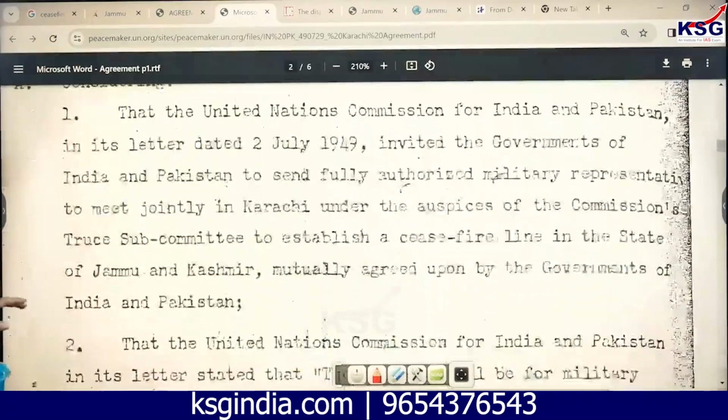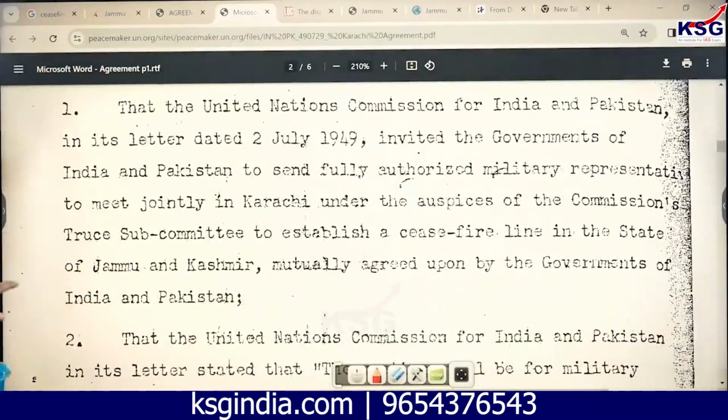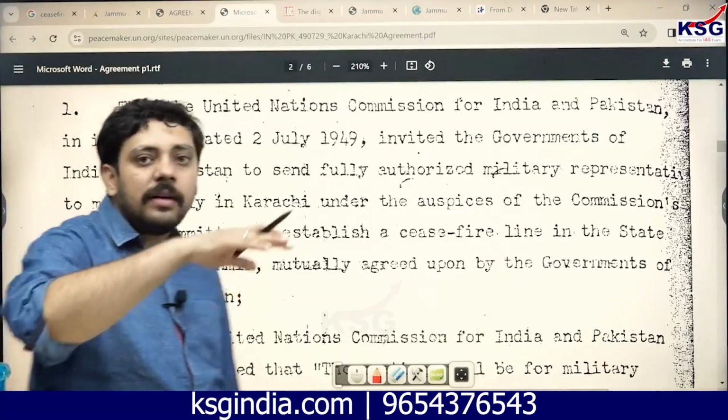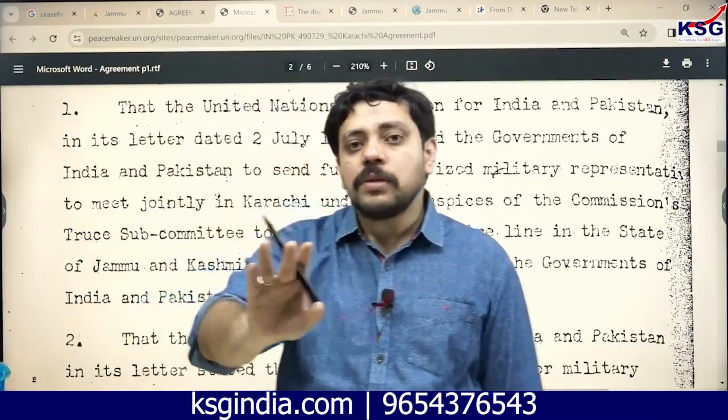So first time the term that was used for delineating the line between the POK and the IAK was known as the ceasefire line.